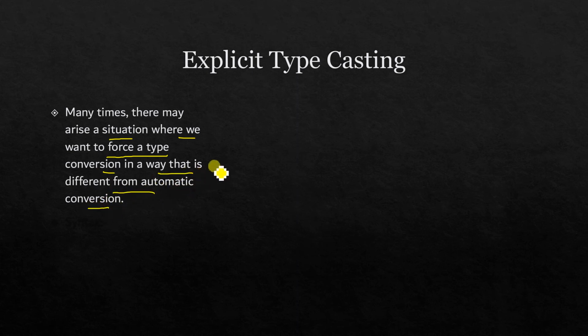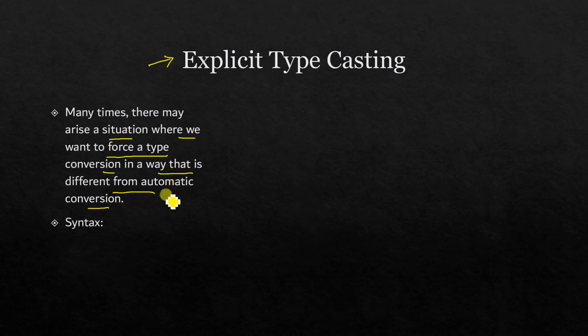Whenever the user wants to convert one data type to another, he can explicitly specify it using some syntax, so that the data will be converted into the data type we specify.